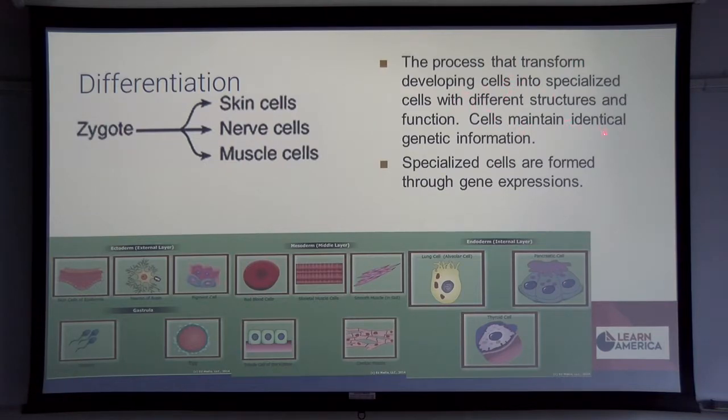Cells maintain identical genetic information. So every cell, going from the zygote to all the different types of cells, has the same genetic information in it. The expression of the skin cell, nerve cell, and all the different cells in our body is based on their location. Depending on their location, the genes will express in different ways.